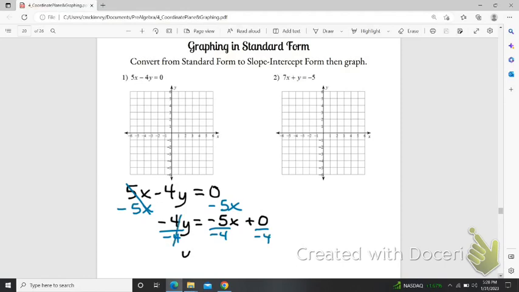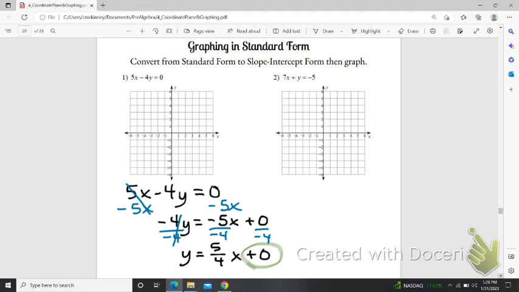So y is now by itself. 2 negatives make that positive 5 over 4x. 0 divided by anything is just 0. Again, this would not have to be written.